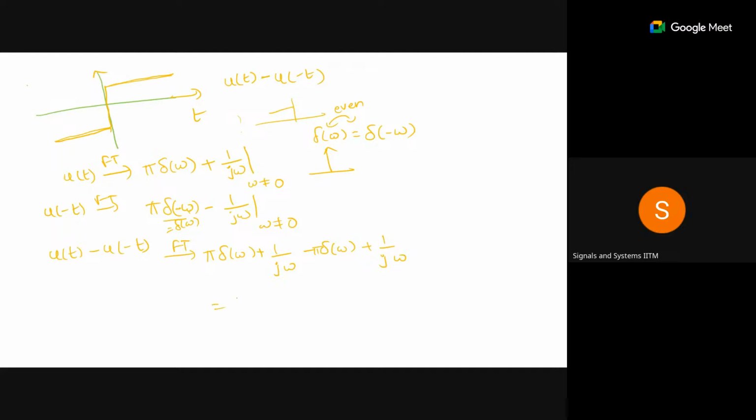So 2 by j omega will be the Fourier transform of the signum function. Any doubts here?